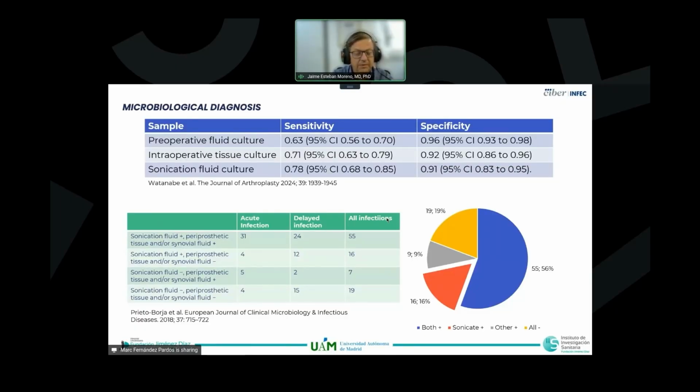Our team performed a study in 2018 about the usefulness of sonication in the diagnosis of prosthetic joint infection, and we concluded that about 16% of the patients were diagnosed only when sonication was performed. If sonication was not used in our study, 16 patients could not have been diagnosed.